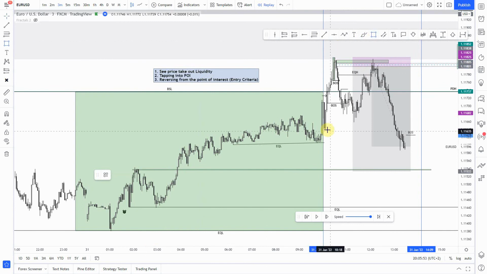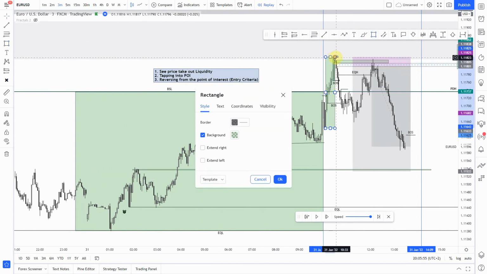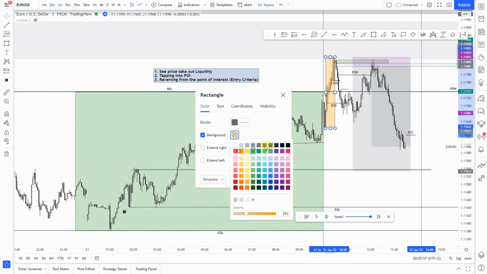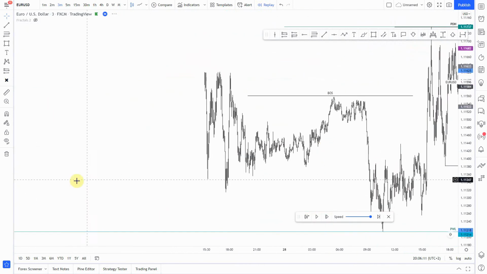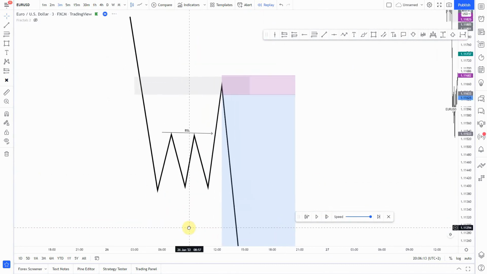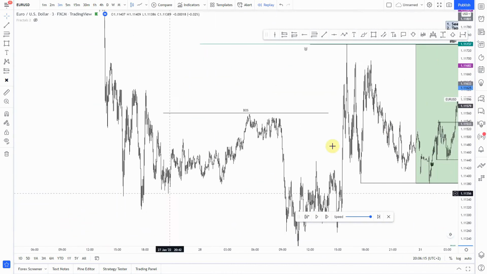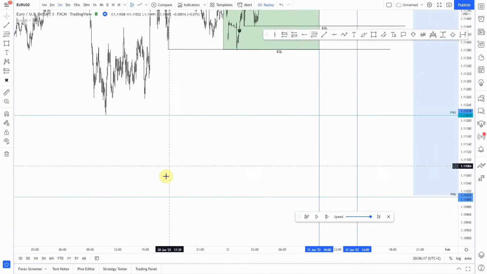Great. So this whole move was the move that tapped into the point of interest. So this is where you start to see price reversing from the point of interest, and then you focus on your entry criteria. I'm not sure whether you guys are still remembering the entry criteria, but I'll just write it down. Let me find some space.